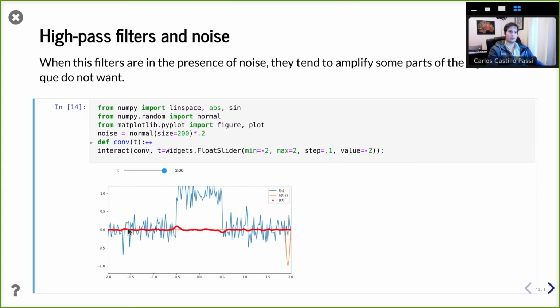Here you can see the solution has bumps everywhere, so it would be very difficult to differentiate which parts come from the noise and which ones come from the signal. In this case, just because we are humans, we can see that the signal was like this, and obviously this peak is from the signal and this one as well, but for a computer this is not very easy to differentiate.